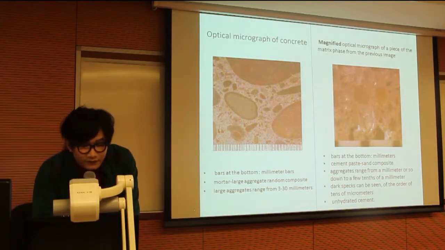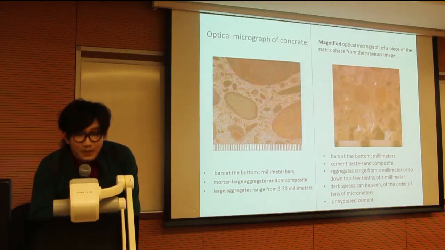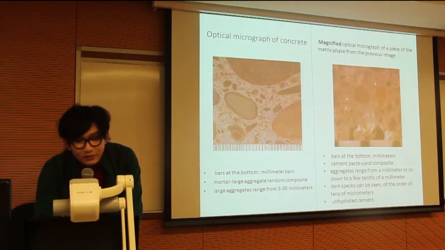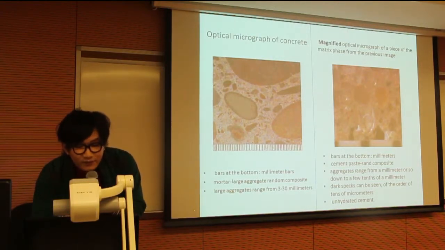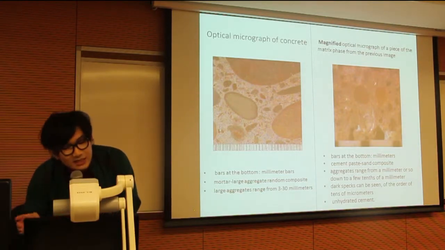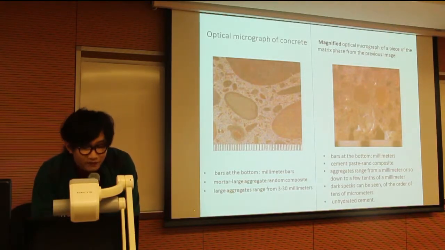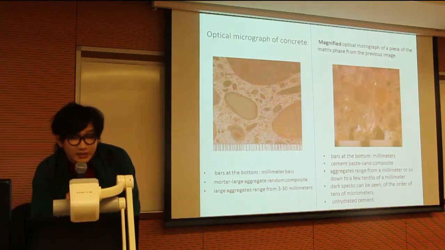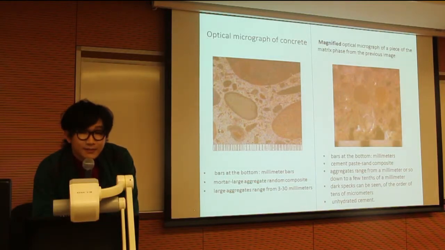The size of the aggregates in this image ranges from a millimeter or so down to a few tenths of a millimeter. Looking closely at the matrix of the mortar composite, you can see some dark specks on the order of tens of micrometers. Actually, these are pieces of unhydrated cement.